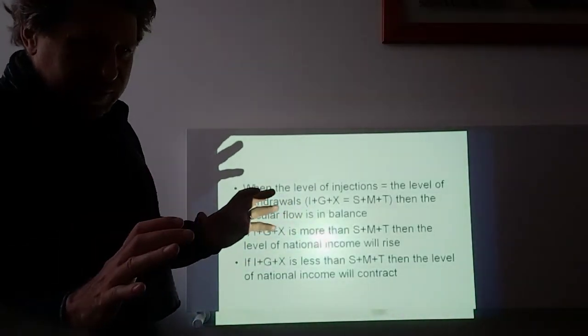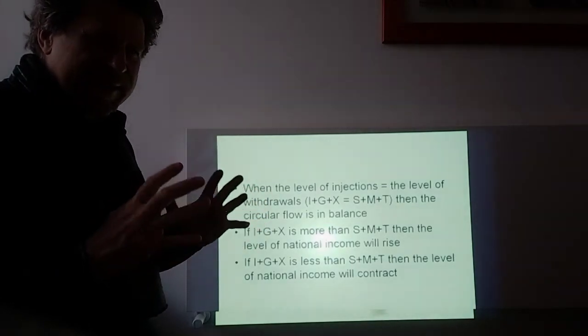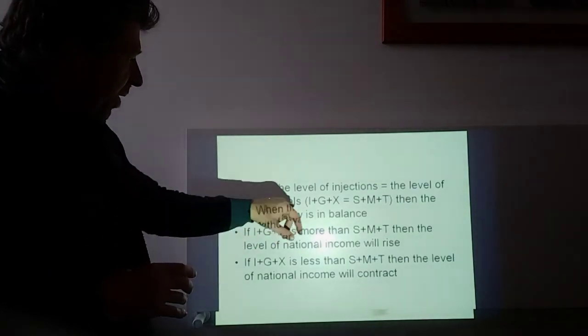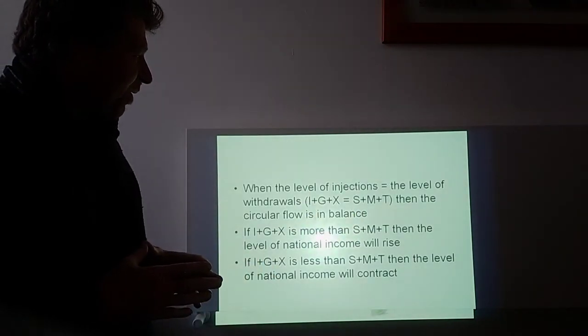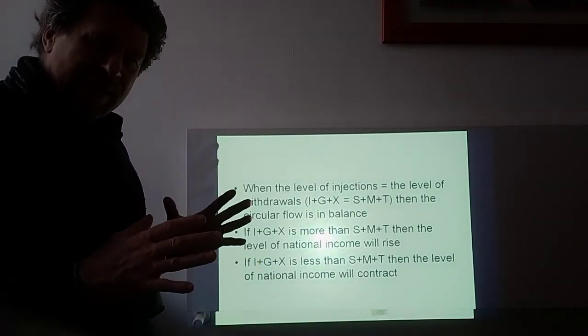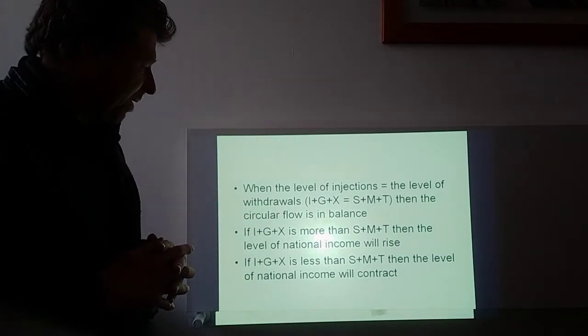Now, when the level of injections and withdrawals are the same, so we've got this calculation is the same as the injections, then it's in balance. We can say the circular flow is in balance.